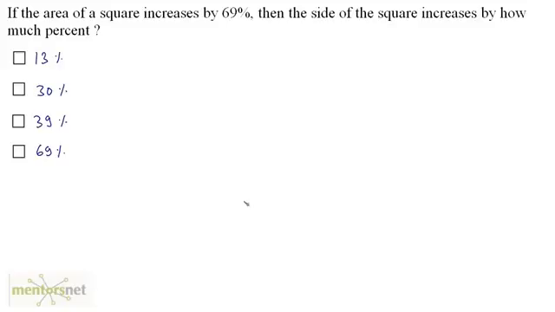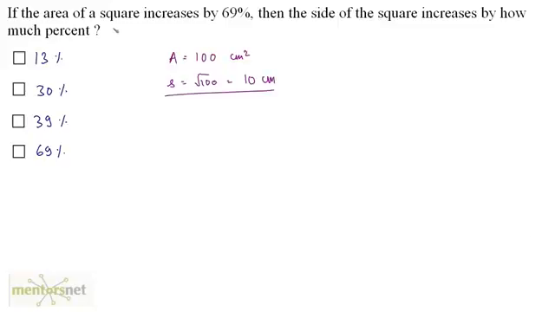If the area of a square increases by 69%, then the side of the square increases by how much percent? Well, let us assume that the area of the square is 100 centimeter square. So the side will be equal to under root of 100, that's 10 centimeter previously.